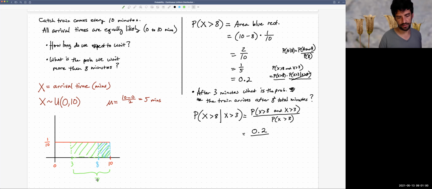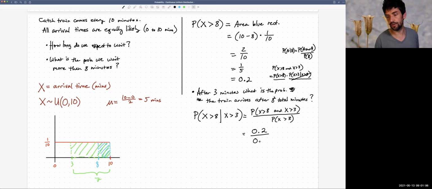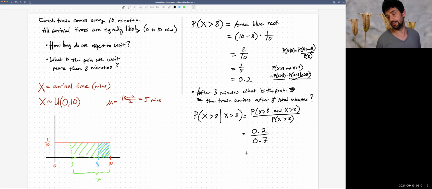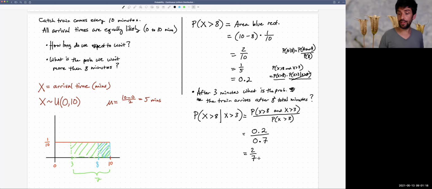The width here is 7, the height is 1/10. And so we end up with 0.7, 7 divided by 10, right? Okay, all right. So that's a perfectly good way to do this problem.